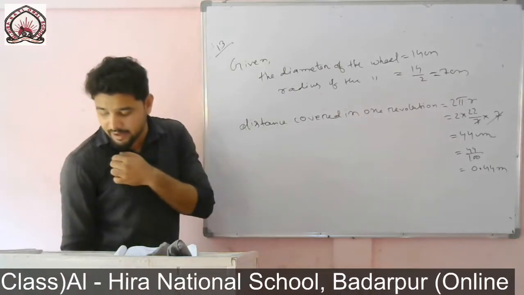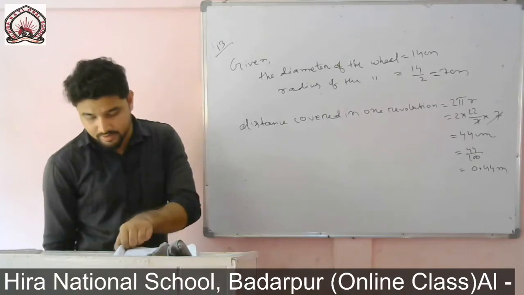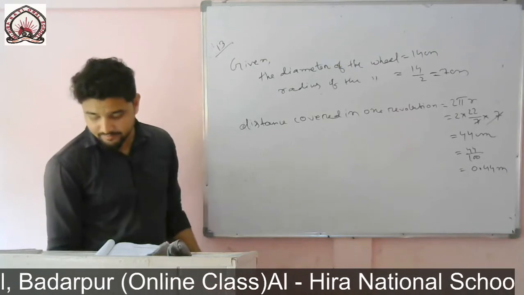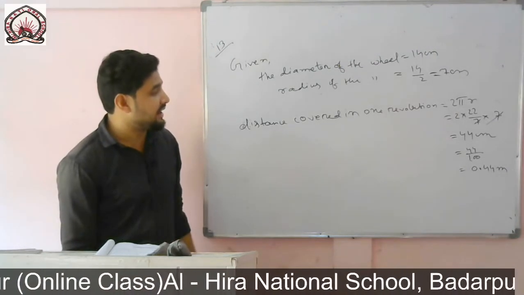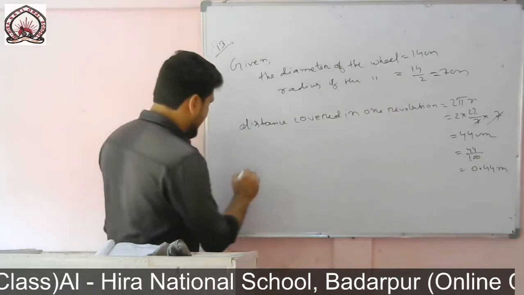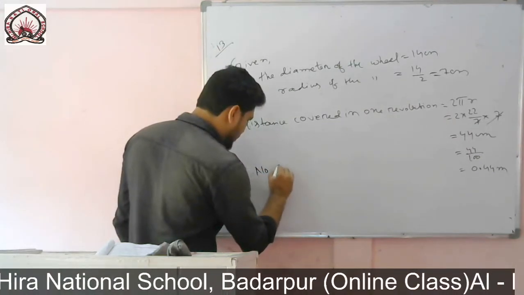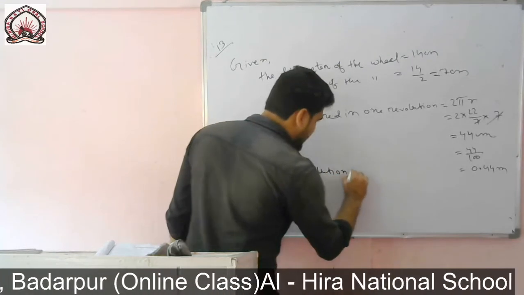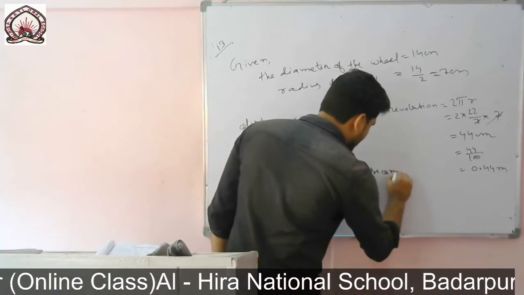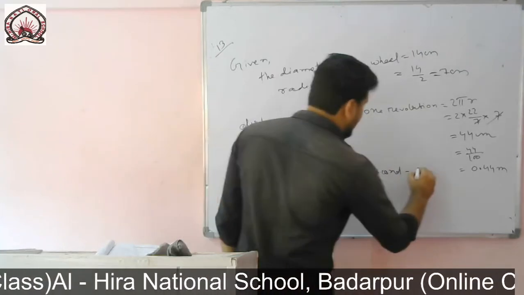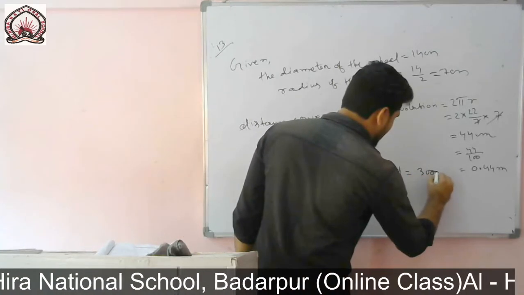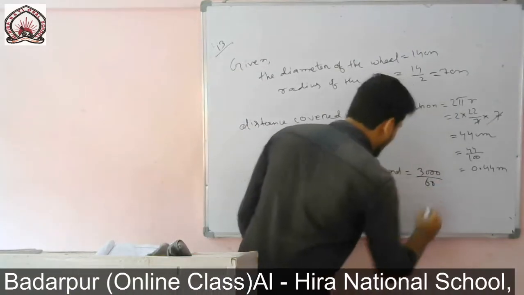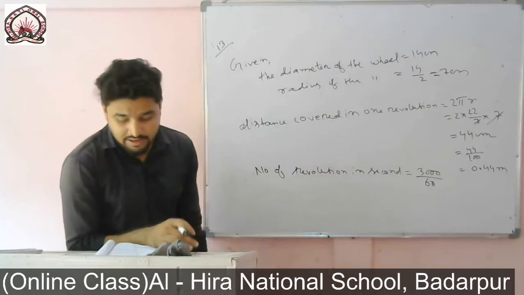Now the number of revolution in second will be 3000 by 60, because it was 3000 per minute.